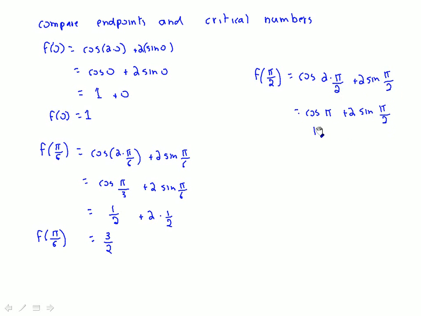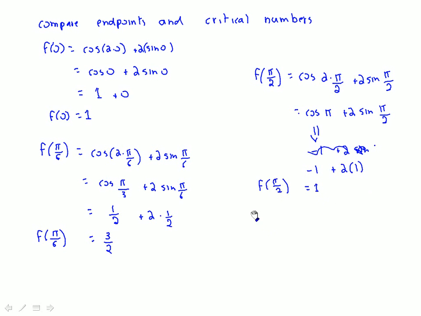Now the cosine of pi is -1 plus 2 times sine of pi over 2, that's -1 plus 2 times 1. And that would give us -1 plus 2 is equal to 1. So f at pi over 2 is equal to 1.